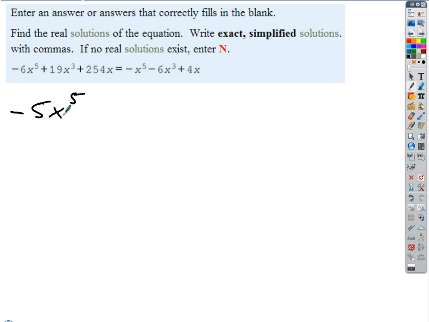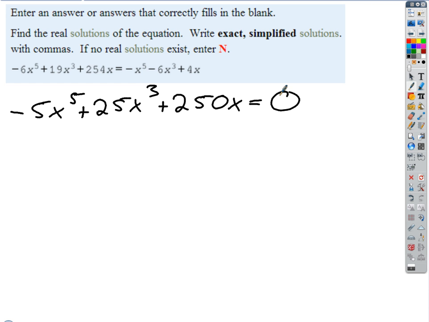If I add 6x cubed to 19x cubed, I get 25x cubed, and plus 250x. Okay, everybody agree?